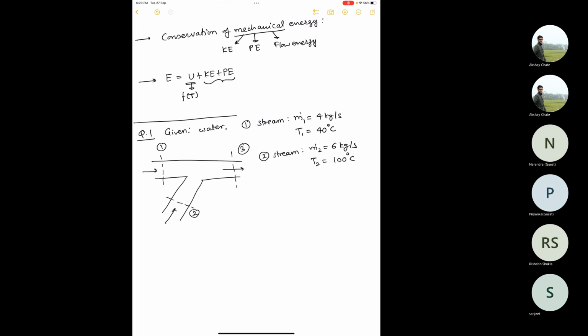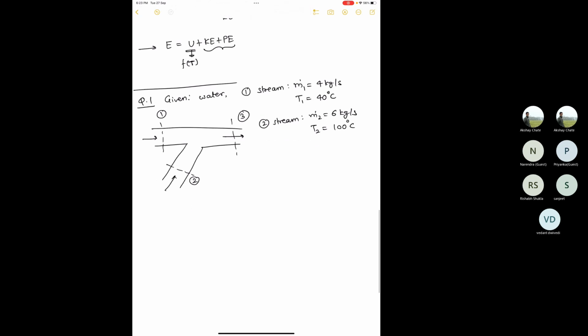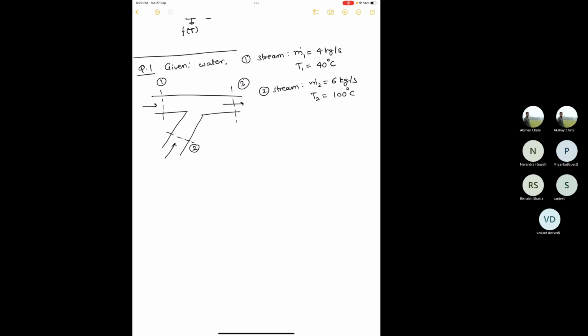And believe me, a slight modification of this question, maybe I'll take that also. That will be for 20 marks. So this is not a trivial question. If you can solve these types of questions, that means you are in good shape. So this is the given information, and now you need to find the answers.